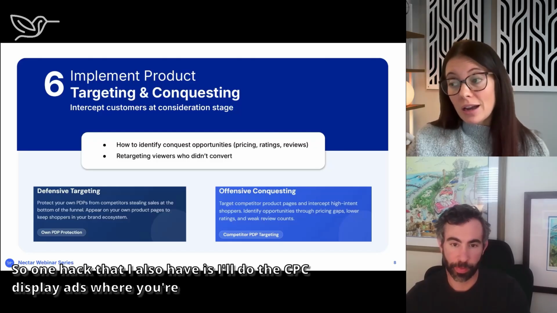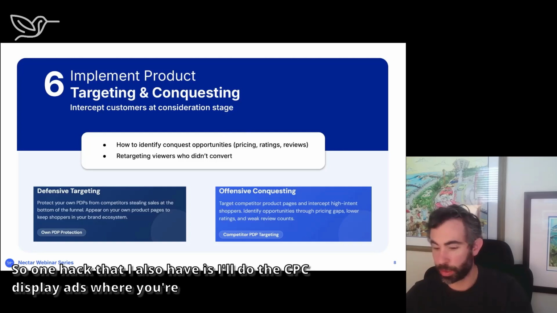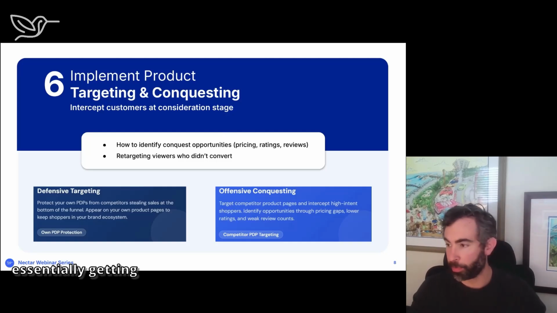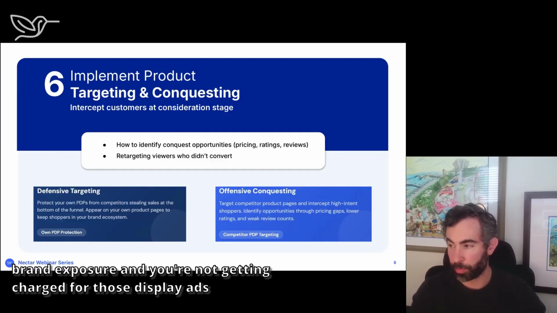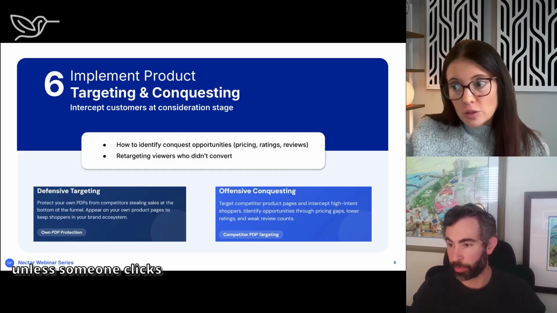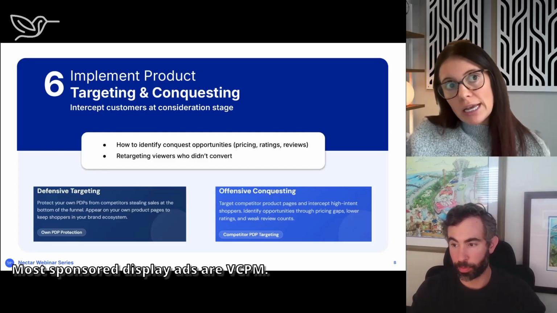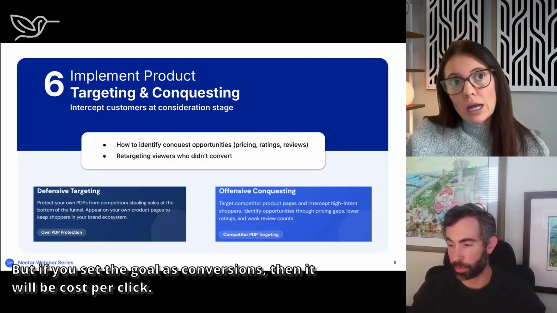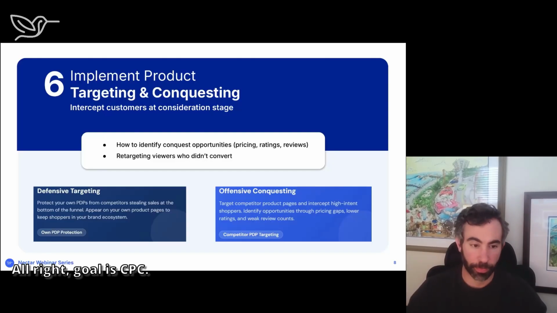So one hack that I also have is I'll do the CPC display ads where you're essentially getting almost free impressions if the clicks are really low, where you're getting more like brand exposure, and you're not getting charged for those display ads unless someone clicks on them. Most sponsored display ads are VCPM, but if you set the goal as conversions, then it will be cost per click, or the goal is CPC.